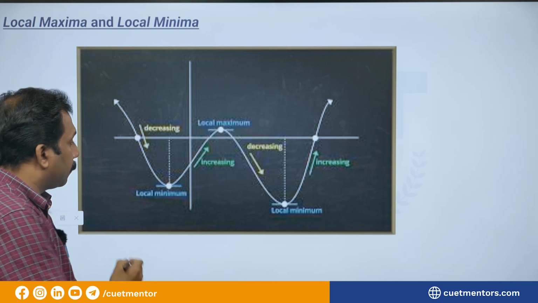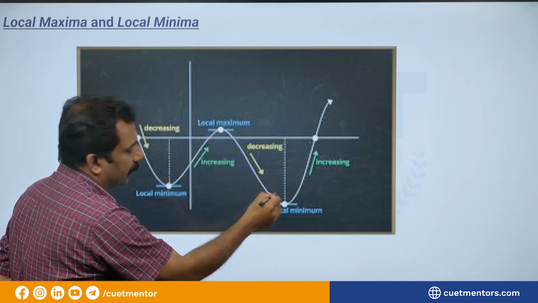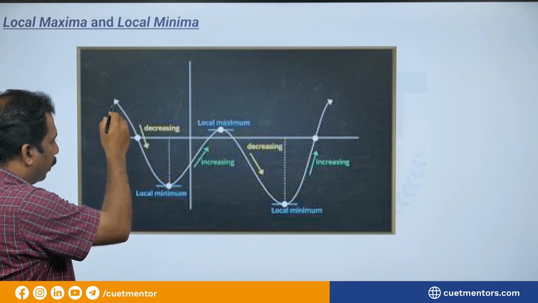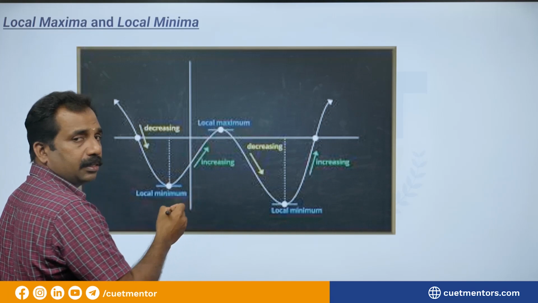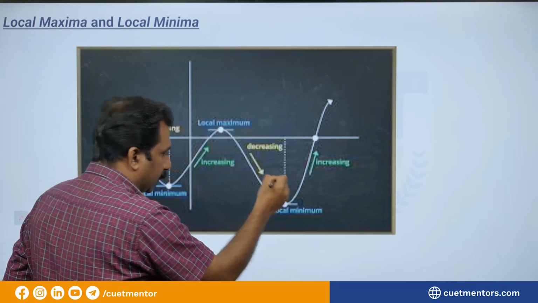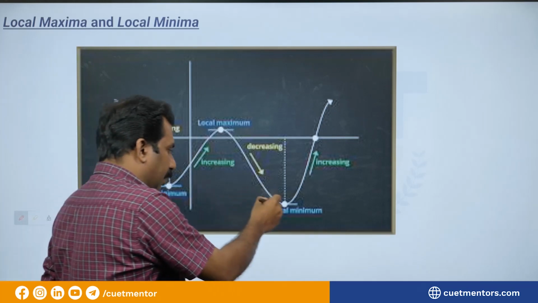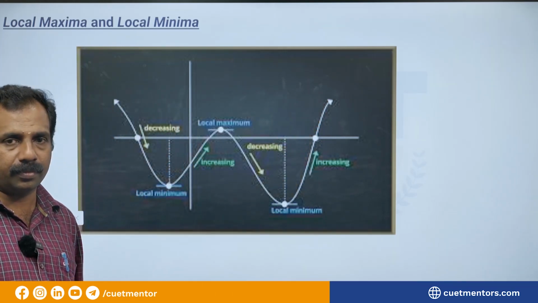At that point we can see that the graph is going to decrease. So the graph is decreasing, at this point it is going to increase, and when it comes here it is going to decrease. Again it comes to this point, and again it increases.